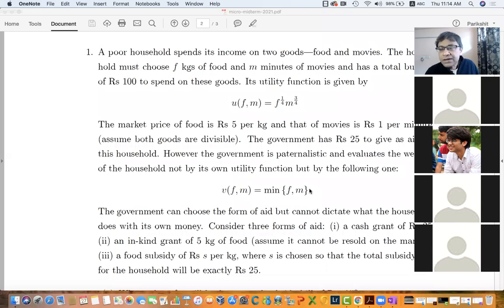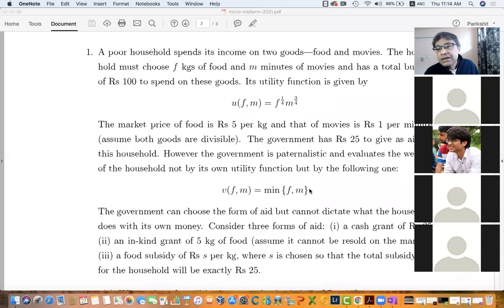Yes, so that is the general lesson, right? That is the upshot of these exercises, which is that from the household's perspective, cash grant is always better, right? That's also economically efficient in the sense of deadweight losses, etc. But governments often move away from cash grants into distortionary instruments like subsidies, because the government has paternalistic views.